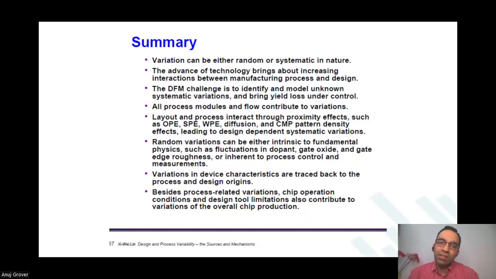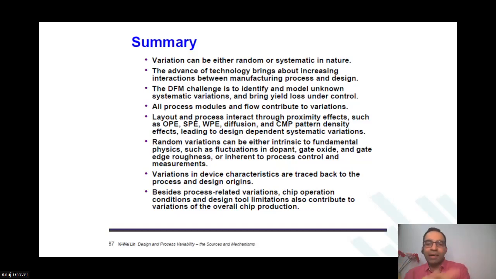If such systematic variations can lead to yield loss, then the technology teams will give you an additional set of rules which are called DFM rules, design for manufacturability rules. What this means is that if you have sufficient space in that region, please give that extra spacing. Please keep only parallel polys.